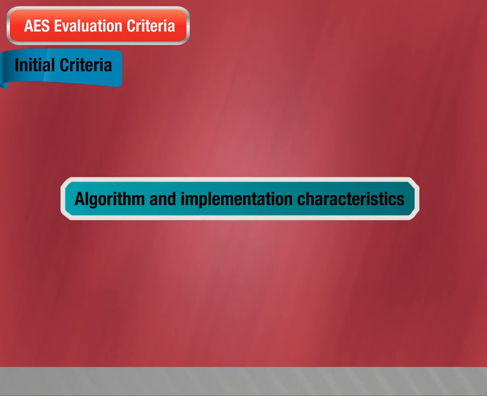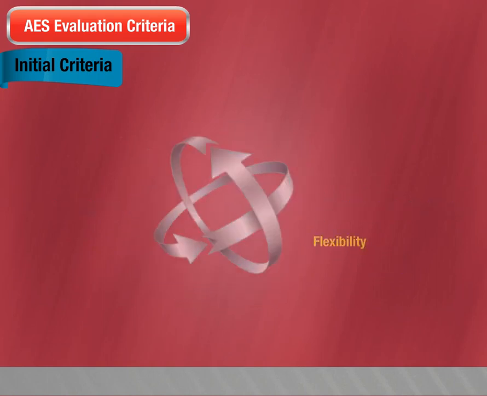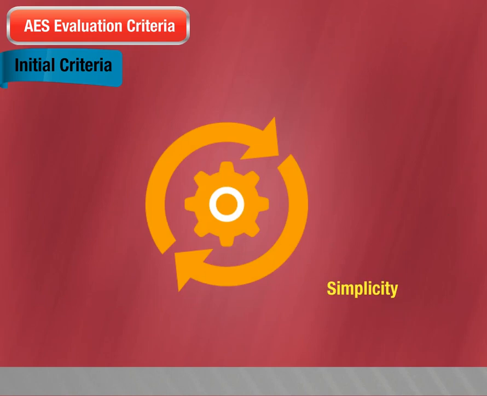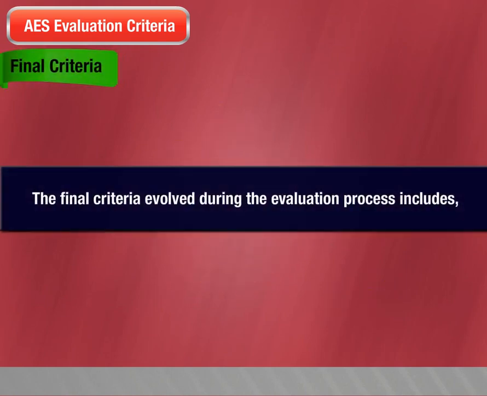Algorithm and implementation characteristics. This category includes a variety of considerations including flexibility and simplicity.